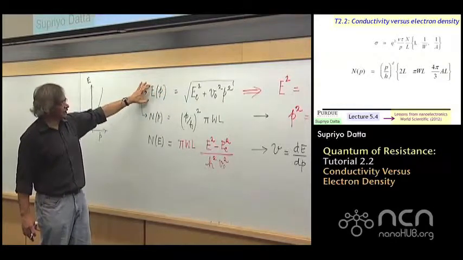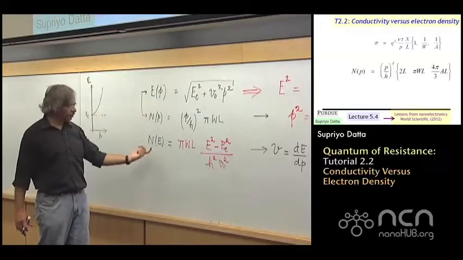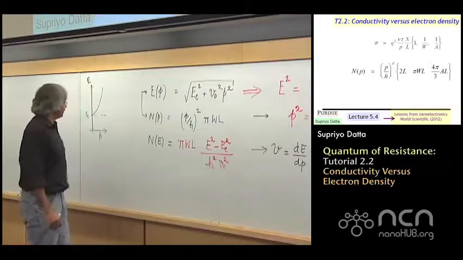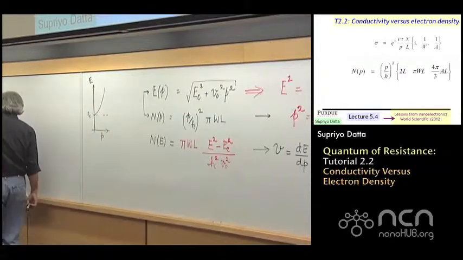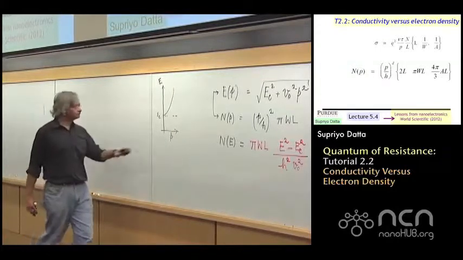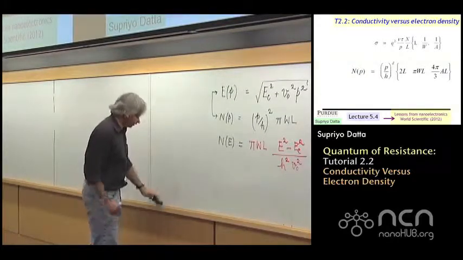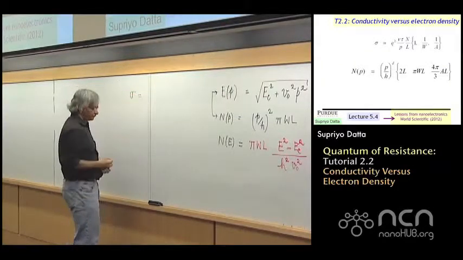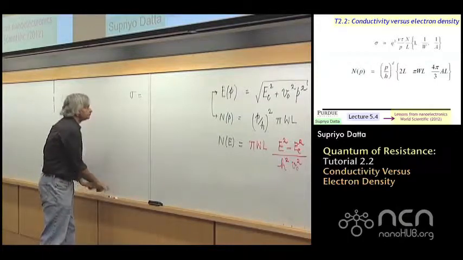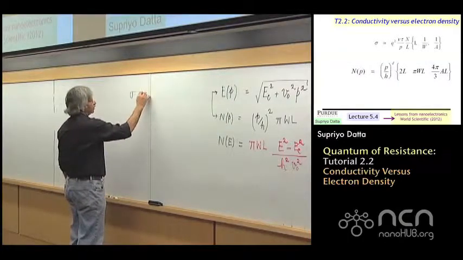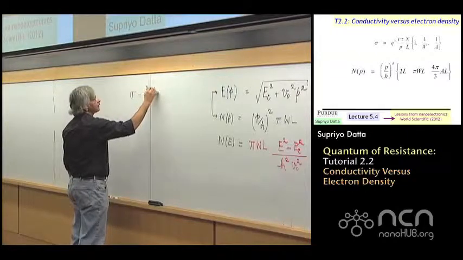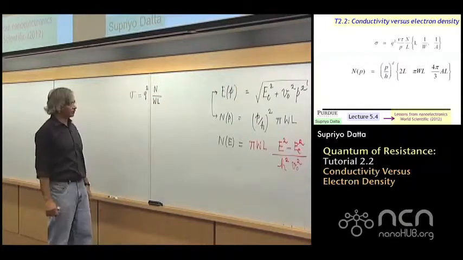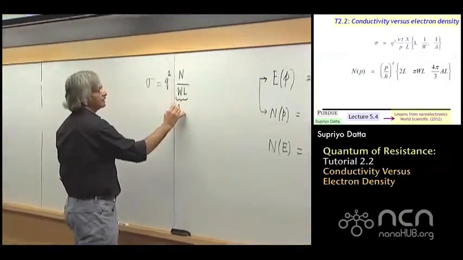Now for this particular energy momentum relation, what we had obtained was this expression for N of E. In this homework, what we are interested in is this expression for conductivity that we obtained in the regular lecture, which had the form Q square N, that is the number of electrons per unit area, which you could write as Ns.